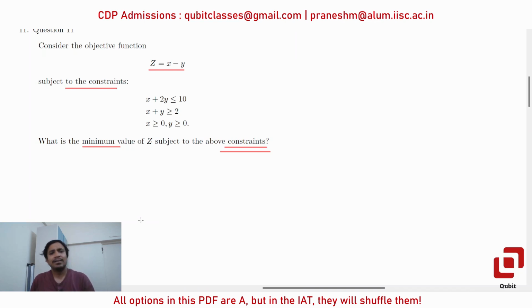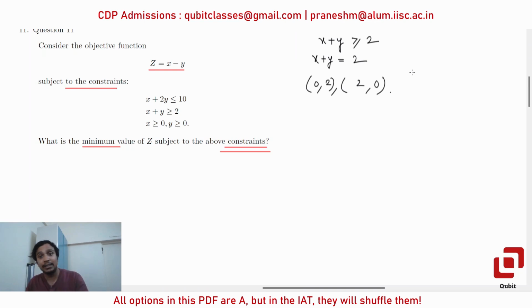It's a typical LPP. Let's first go for x plus y greater than or equal to 2, convert it to an equation. Take x as 0, you will get y as 2, take y as 0, you will get x as 2, and because it is x plus y greater than or equal to 2, it is the non-origin side of the line.